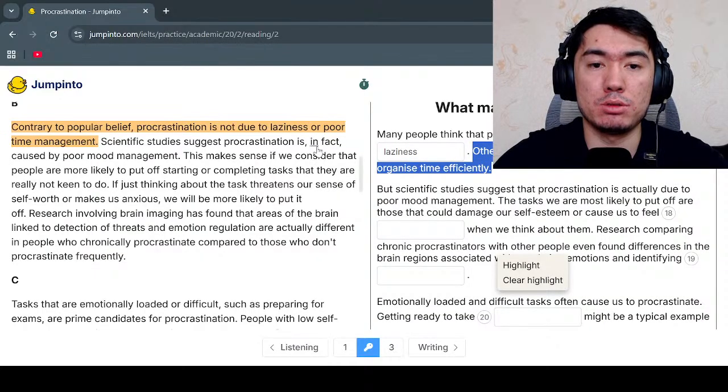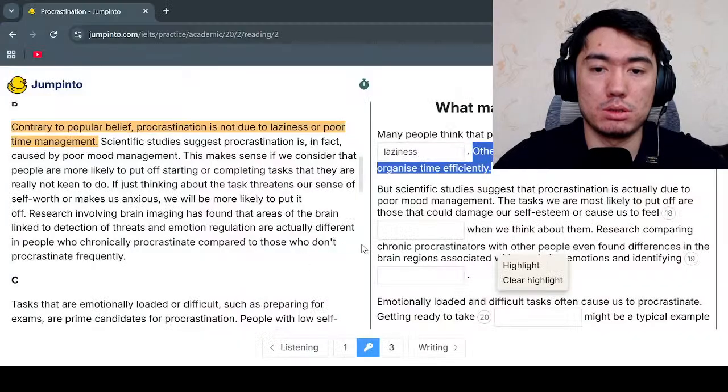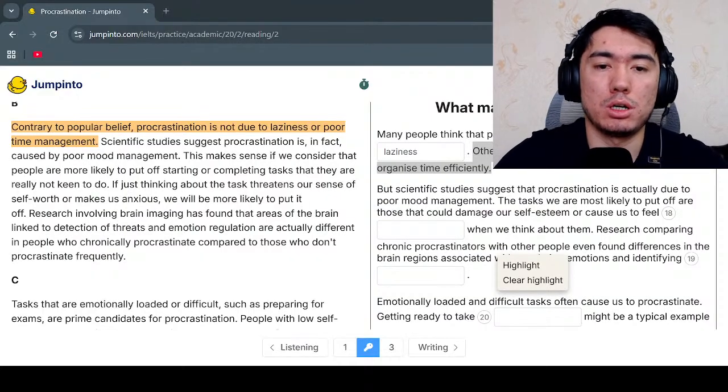By the way, I was gonna do vocabulary analysis as well. So let me just open a Word document.